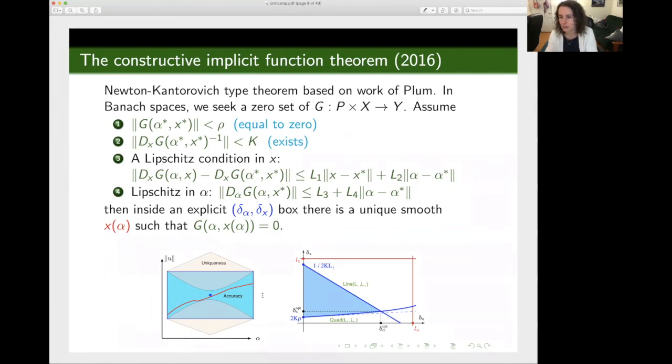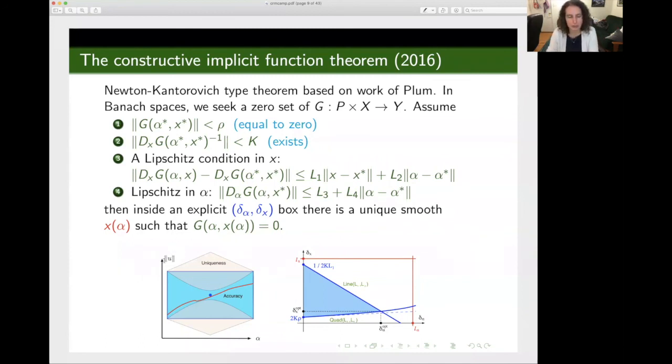Because you want small accuracy and large uniqueness. And so the guarantee of the theorem also says that there's a quadratic form in L3 and L4 for the accuracy region. And so this picture is designed to show, obviously this is in the norm.